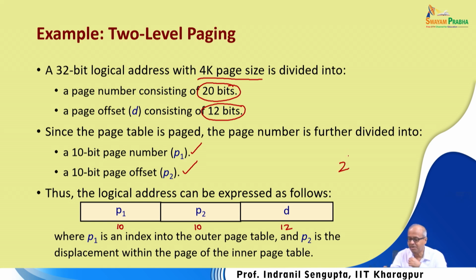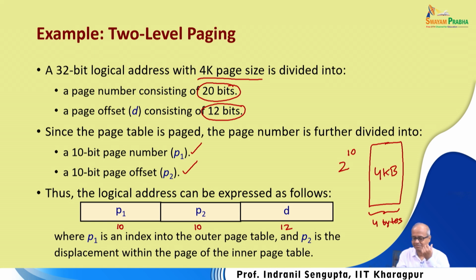There will be 2 to the power 10 entries in the page table. Now, if I assume each page table entry is 4 bytes, the size will still remain 4 kilobytes, the same as a page, because with a 12-bit offset we are assuming the page size is 4 kilobytes. So, our page size still remains 4 kilobytes, 2 to the power 10 entries, each entry of 4 bytes. So, it is consistent with the page size.